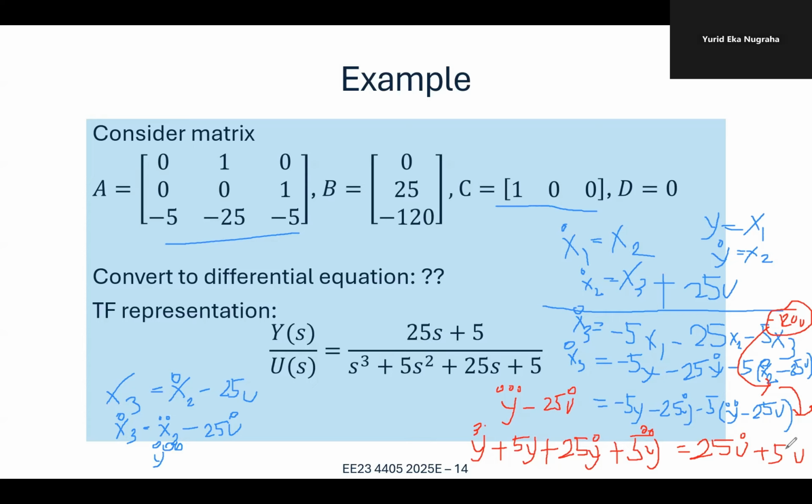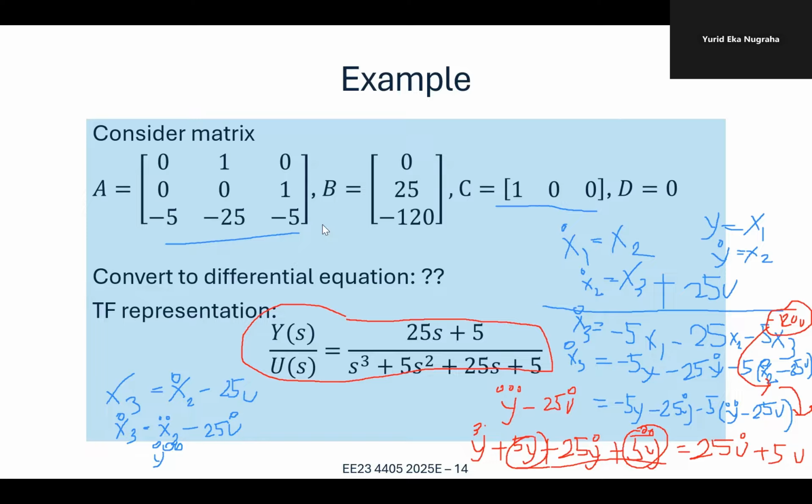So then the transfer function representation is as this, where the numerator is 25 s plus 5, and then the denominator is s to the power of 3 plus 5s square plus 25s plus 5. Yeah, so 5 here and 5 here happens to be the same.